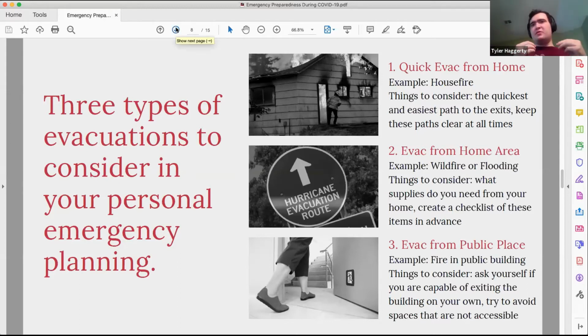There have been tragic stories I've seen in the news of people who perished in fires because they were in a wheelchair and there were no ramps or working elevators. So it's important to keep these things in mind, especially if your disability involves a need for accessibility.